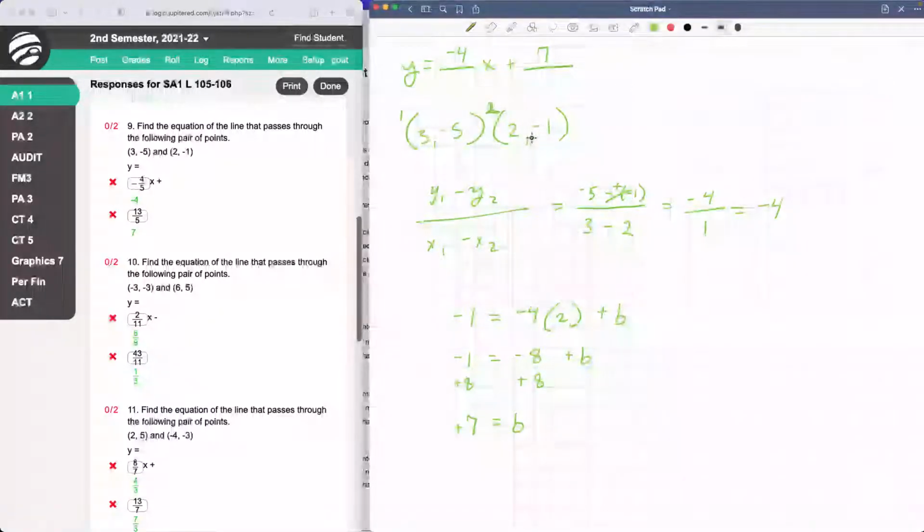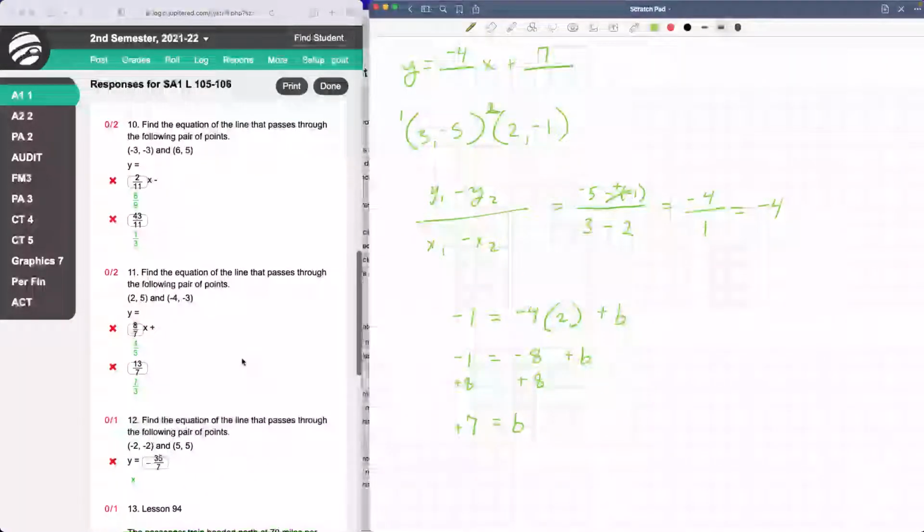I like the smaller integers because it's less calculation, less having to do math in my head. So my point is: make it easier on yourself. Don't try to do it the hard way. That's all you would have to have done for that answer, -4 and 7. I'm not sure where your fractions came from, but they are obviously not the right answer. So anyway, let's look at the next one.